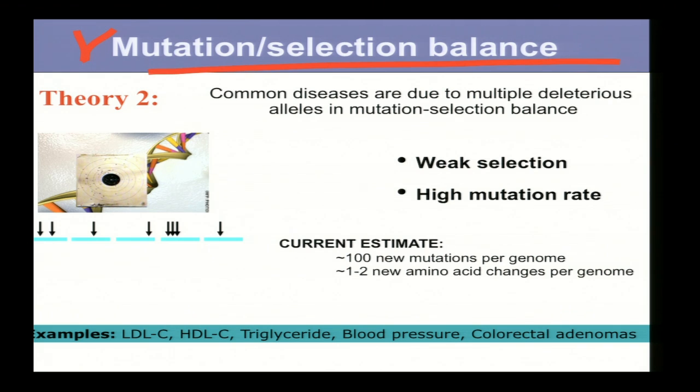So one possibility is that this is simple mutation-selection balance, meaning that common variants would have a weak effect. This doesn't suggest that common variants may not explain all of heritability. This just suggests that if they do, the effects are weak. And those variants of lower frequencies may have larger effect.